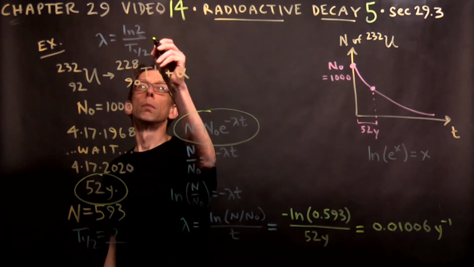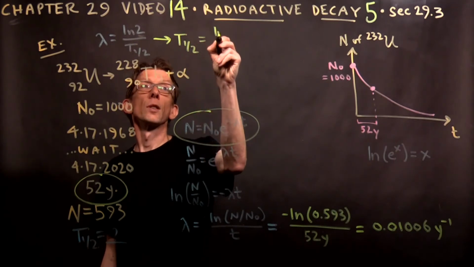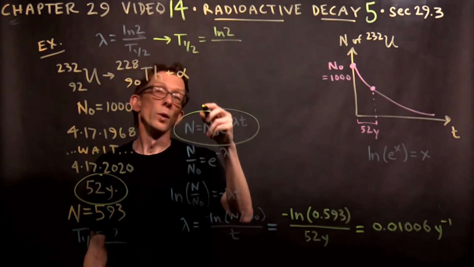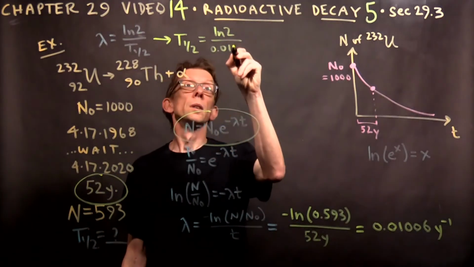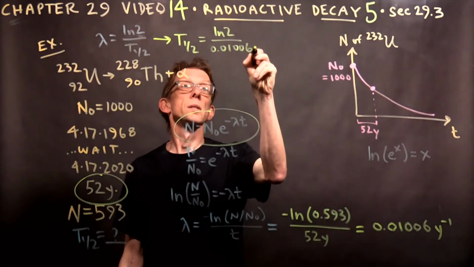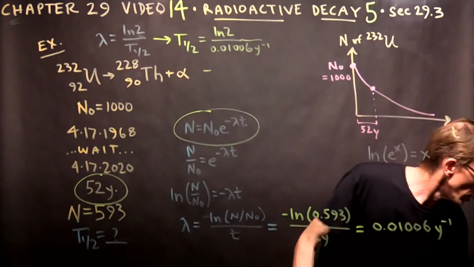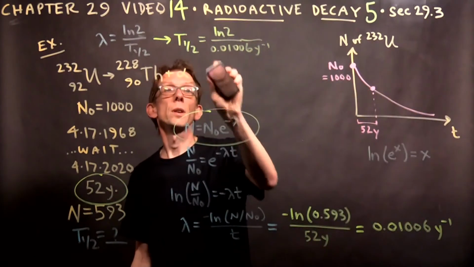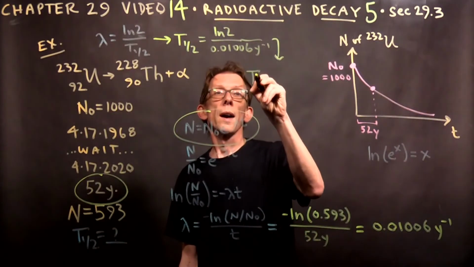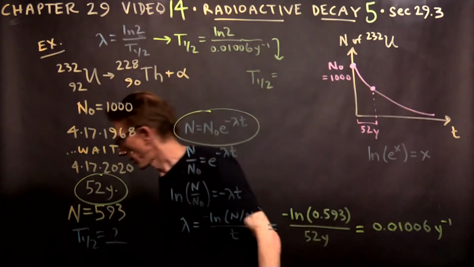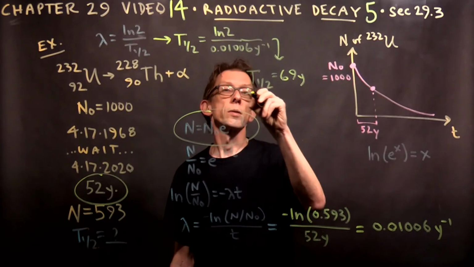So we can now write t 1/2 as the natural log of 2 over 0.01006 inverse years. And when you do that, and I've just about filled up the whole screen here, you find that t 1/2 is about 69 years.